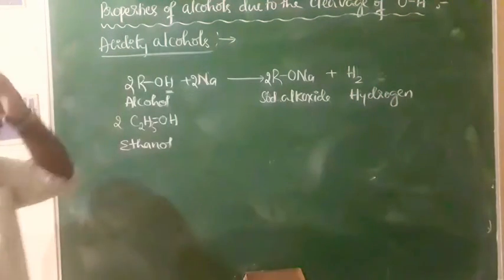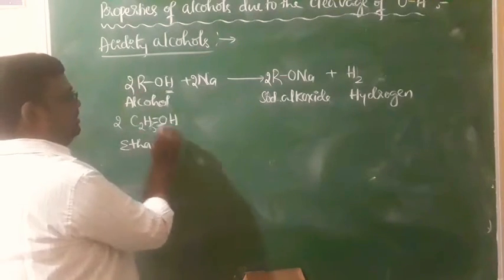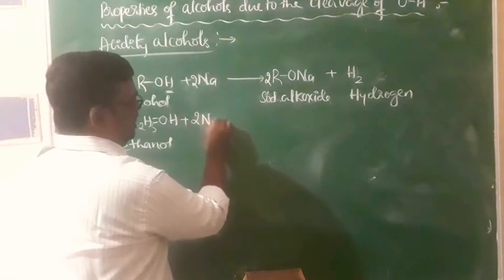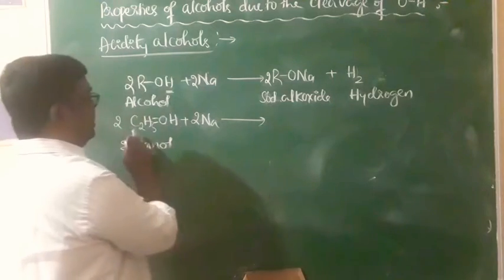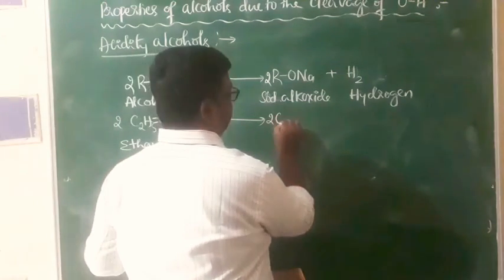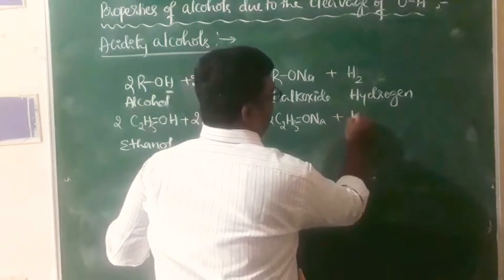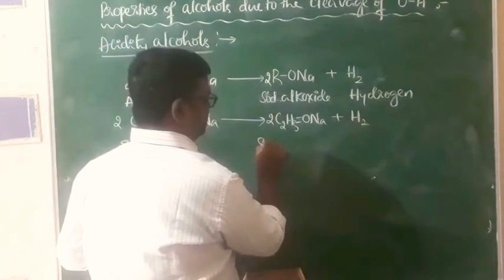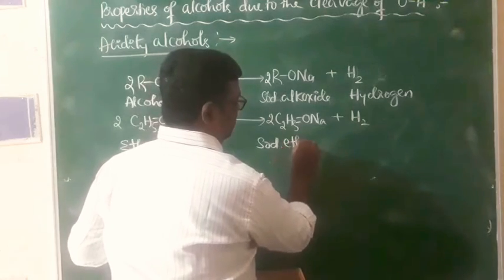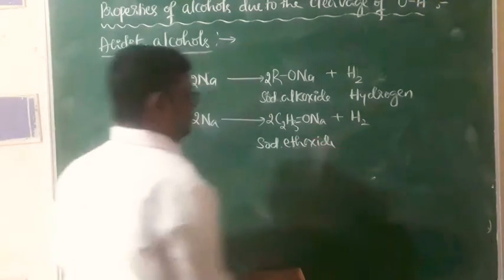In the same manner, in place of R we put C2H5, and it is 2Na, and wherever R is there, you keep C2H5, giving C2H5ONa along with the liberation of hydrogen gas, and this is sodium ethoxide.